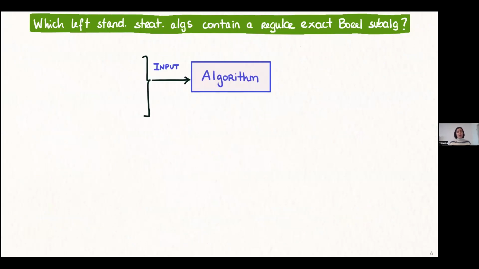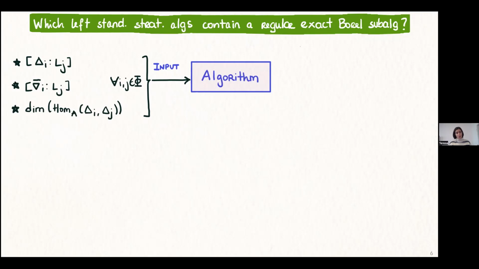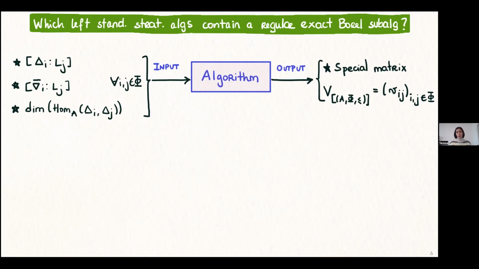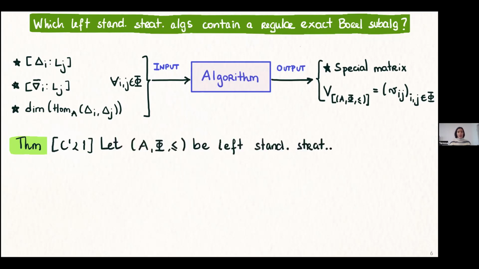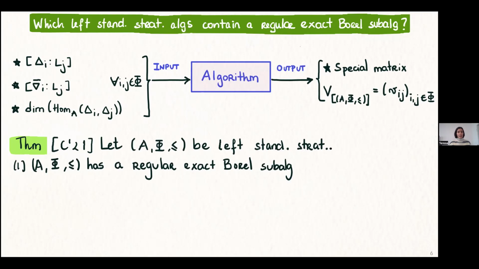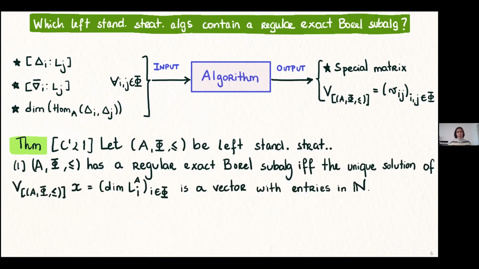There exists an algorithm which takes as input the composition factors of the standard modules, the composition factors of the proper co-standard modules, and also the dimensions of the Hom spaces between the standard modules, and as output produces a matrix which we shall denote by V. And this matrix V can be used to answer the question above. So if A is left standardly stratified, then A has a regular exact Borel subalgebra if and only if the unique solution of this linear system of equations over here is a vector with entries in N.